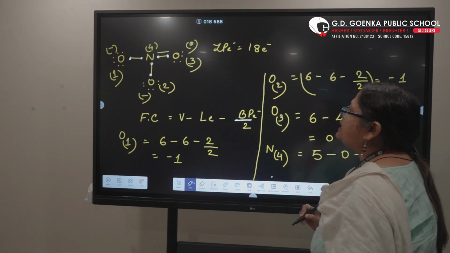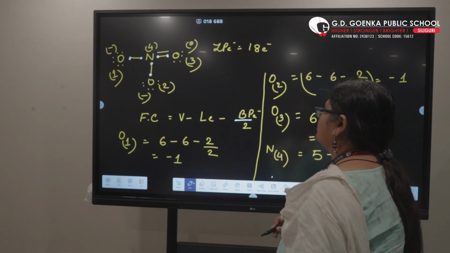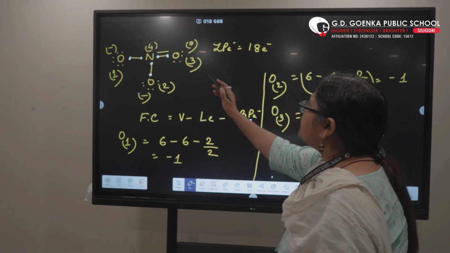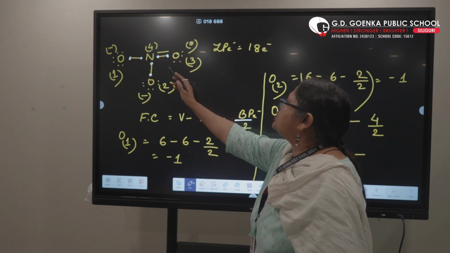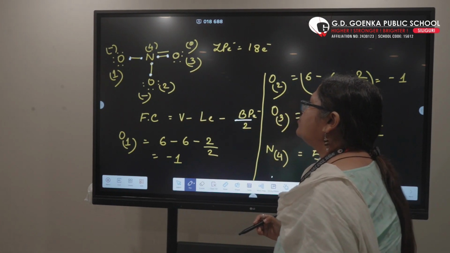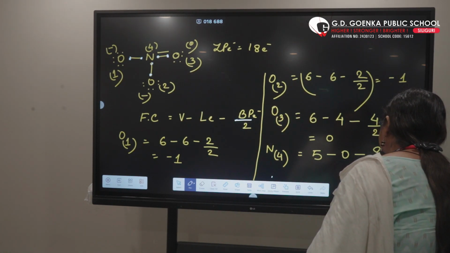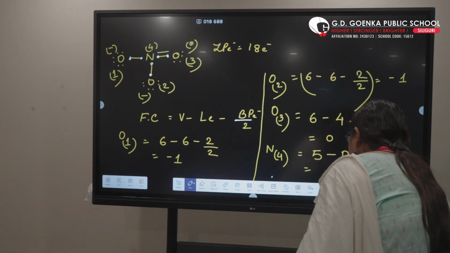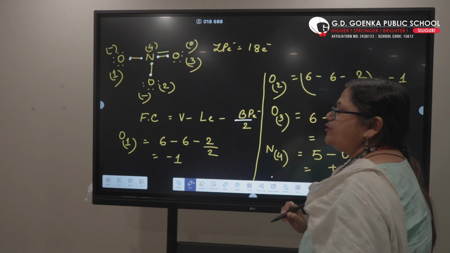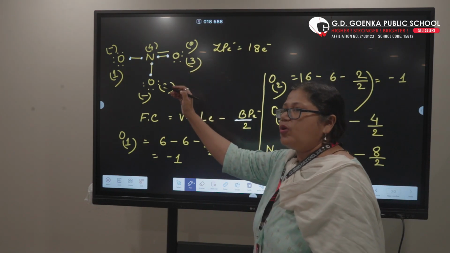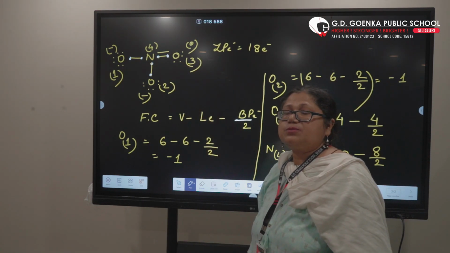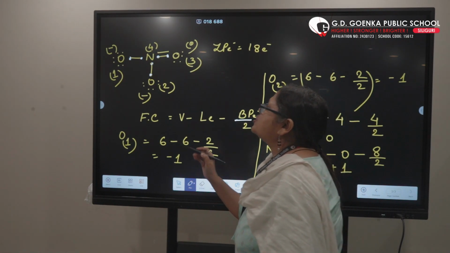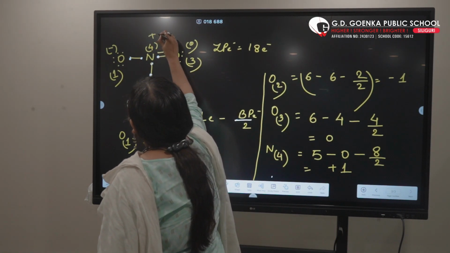So 0 we write, minus bond pair of electrons by 2. So bond pair of electrons 1, 2, 3, 4. How many bonds? 4 bonds, that means 8 by 2, that is equal to plus 1. So when nitrogen is connected to the corner atoms, the terminal atoms, by 4 bonds, its charge is plus 1.